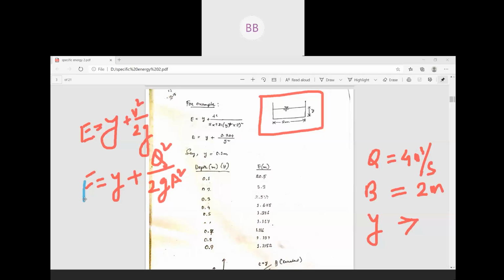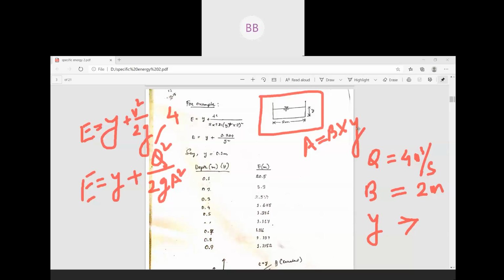In this equation, specific energy is not known to us, and the y value is also not known. Discharge is given, that is 4 meter cube per second. In place of area, as we have considered a rectangular channel, it will be b multiplied by y. The width of the channel is given, but the y value is unknown. So we have two unknowns: one is the y value and one is the specific energy.